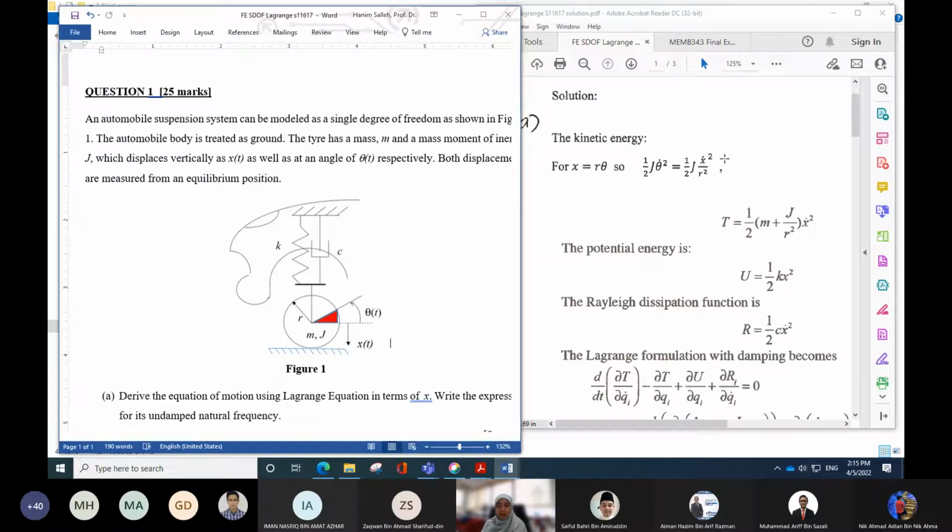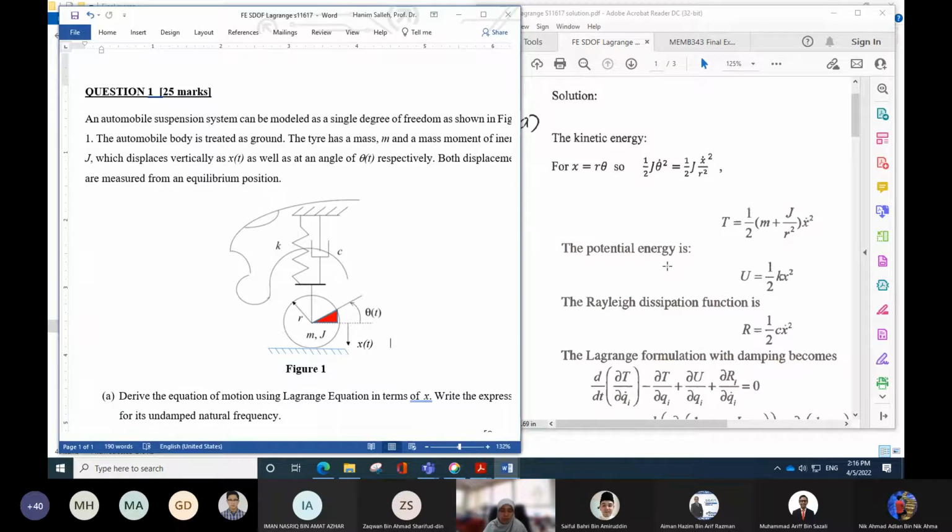Once you have this, you can write your normal kinetic energy equation, half m x dot square plus half J theta dot square, which is already transformed into X terms.